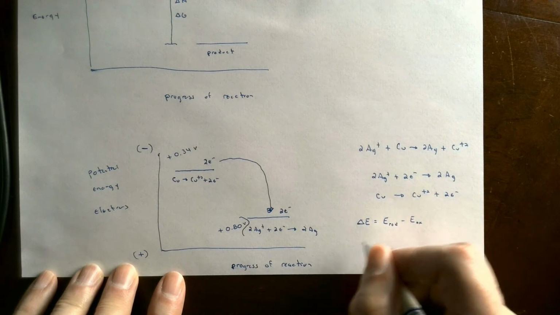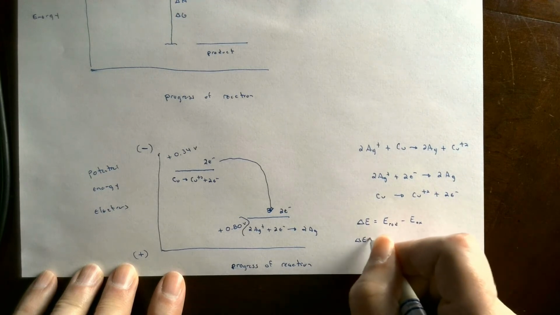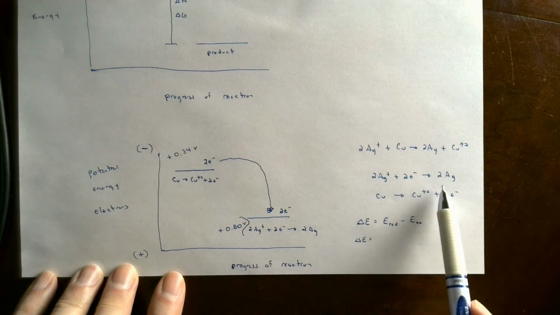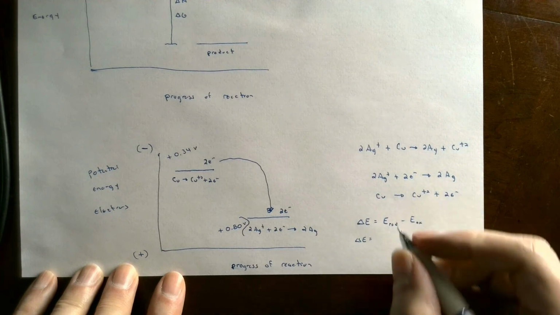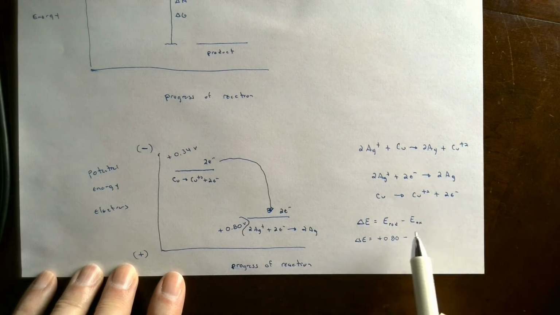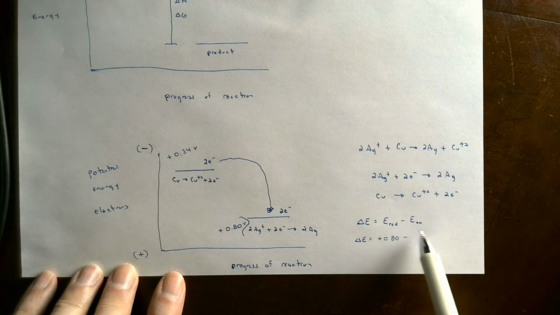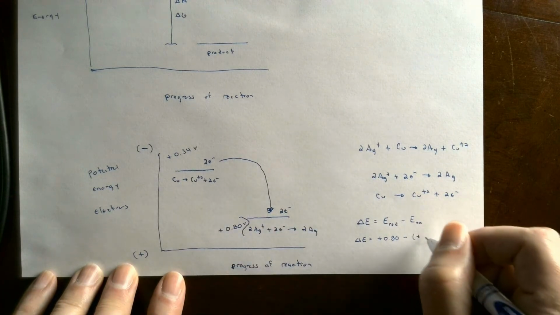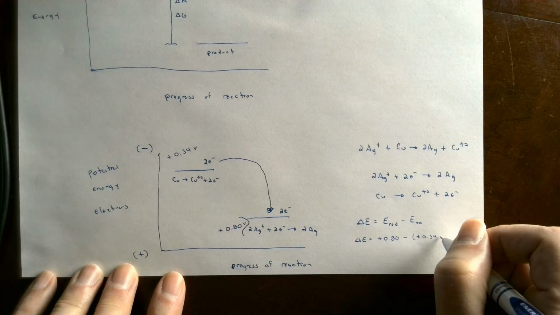Let's determine the difference in potential energy between these two half reactions. We need to know which one we're treating as the reduction process, and that's the silver. It's being reduced, so that's plus 0.80 volts. From that I'm going to subtract the electron potential energy of the oxidation process, the copper, minus a plus 0.34 volts.